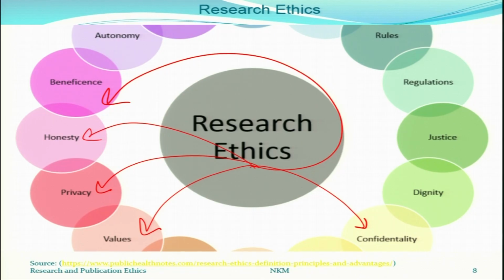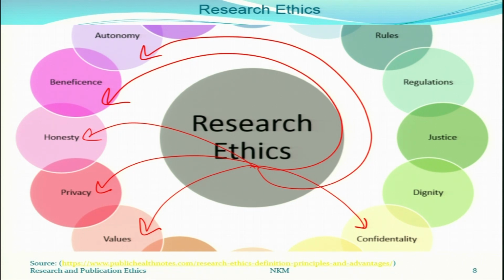And then you have to also take care of the autonomy of the subjects. Your subject is not bound to you. The subject must give informed consent to where you conduct your research. So you must give autonomy by informing each and every step, each and every piece of information that you develop in research.